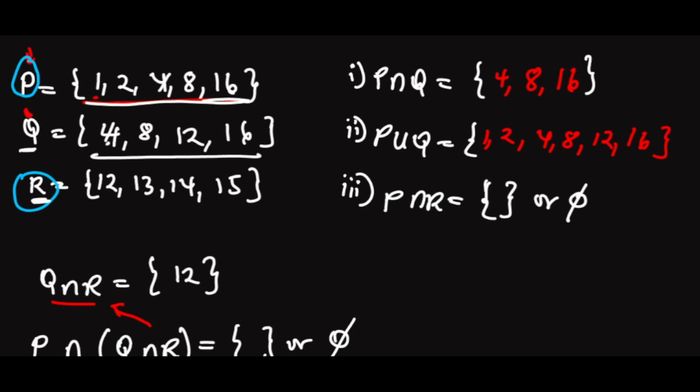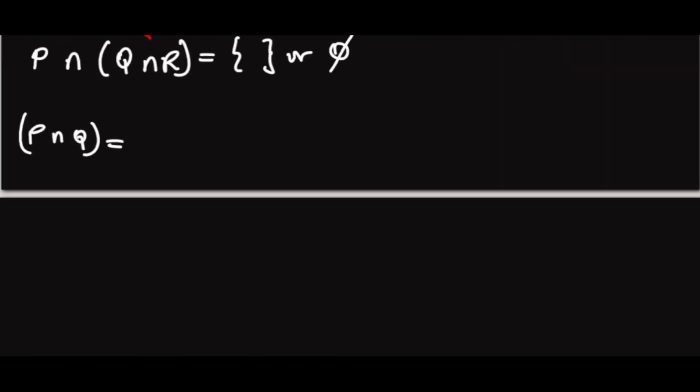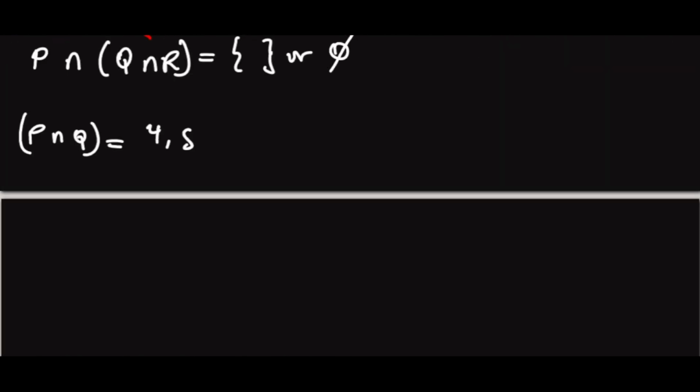I can see 16 and 16. I can also see 8 and 8. So therefore 4, 8 and what? 16. So we rewrite that over here as 4, 8 and 16.